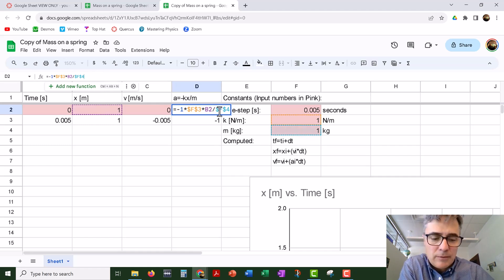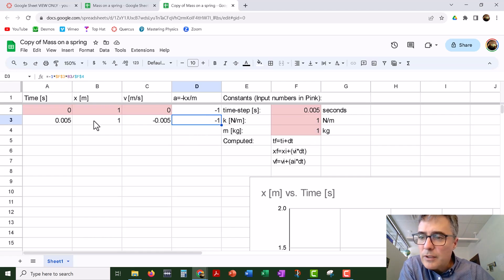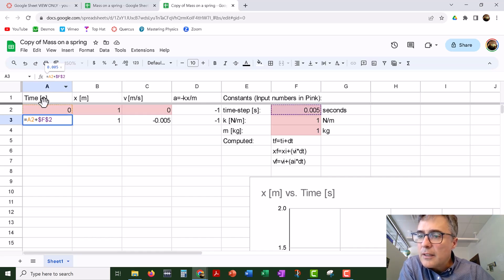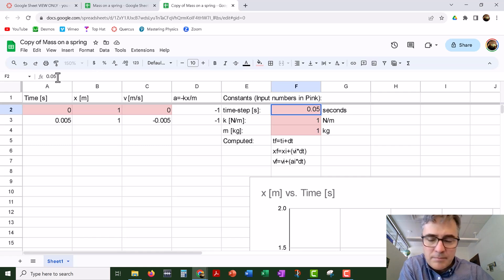So that gives acceleration. And then on line 3 here, the time gets updated by the old time above, plus F2, the time step. That's kind of short, so let's just do 0.05 seconds.